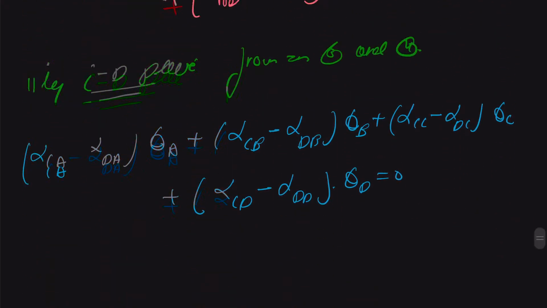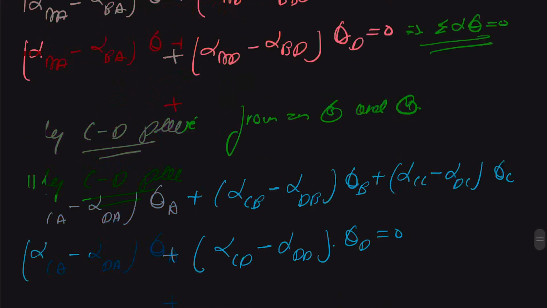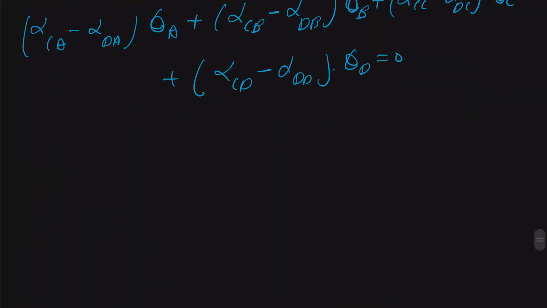Or in shorter terms, in both cases the summation of alpha multiplied by the charge is equal to 0.